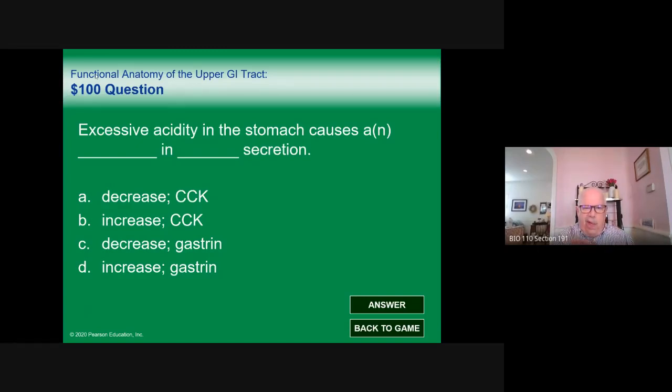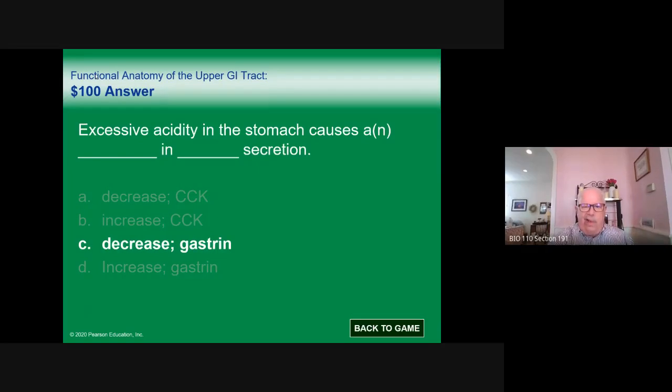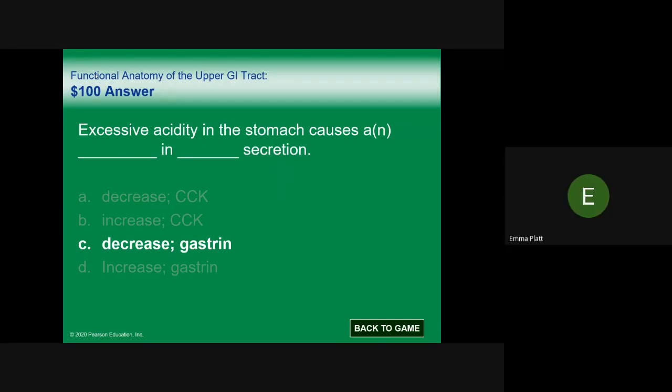So anything with CCK in it here has nothing to do with the stomach. The answer is a decrease in gastrin, because in the stomach, the enteroendocrine cells produce gastrin, which increases the acidity of the stomach. If the acidity of the stomach is excessive, that means that gastrin will be decreased. Does that make sense? Yeah.